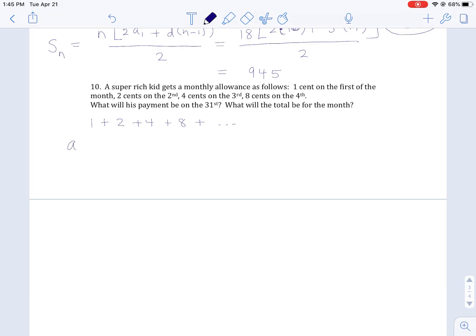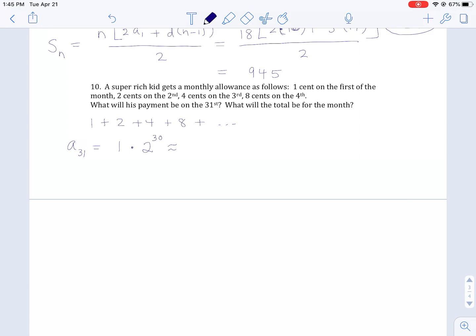Well, that's not a series. That's a sequence. So it's a sub 31, which is the first term times the common ratio to the n minus 1. n minus 1 would be 30. It's basically 2 to the 30th. If you look at it, it's 2 to the 0, 2 to the 1, 2 to the 2, 2 to the 3.